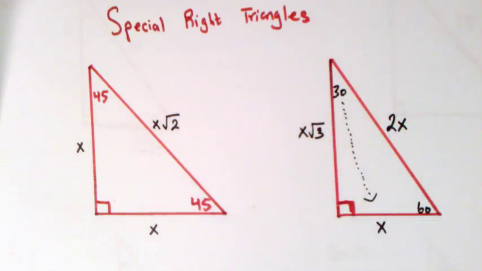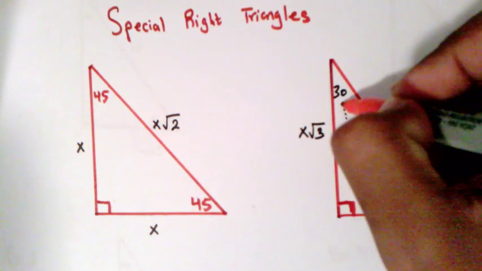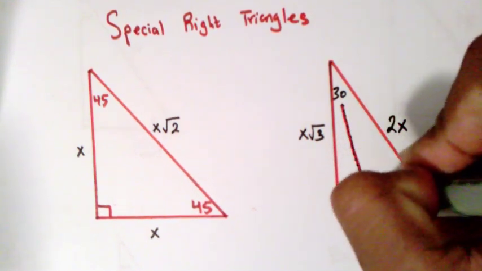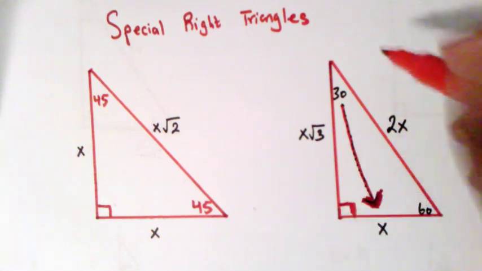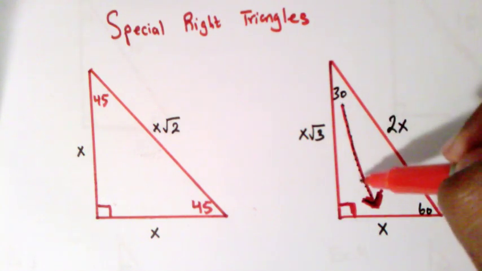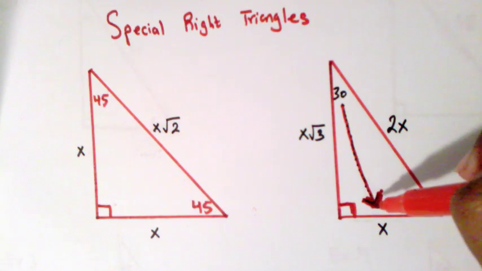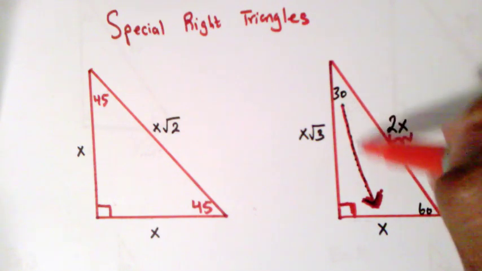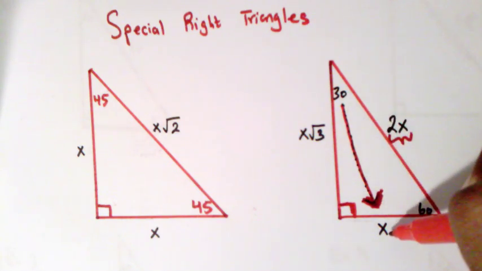I always like to think about it as the side opposite my 30-degree angle. Again, listen to what I said. The side opposite my 30-degree angle is always half of my hypotenuse. So that's why if this is 2 times x, then half of my hypotenuse will simply be x, right?